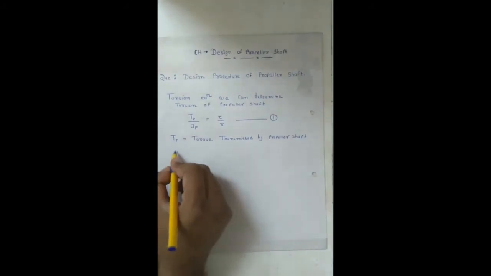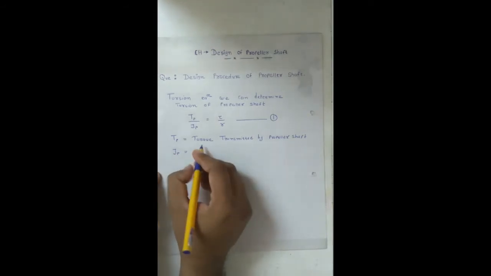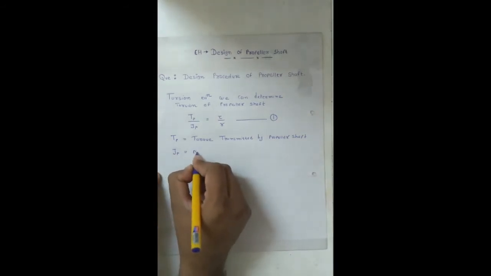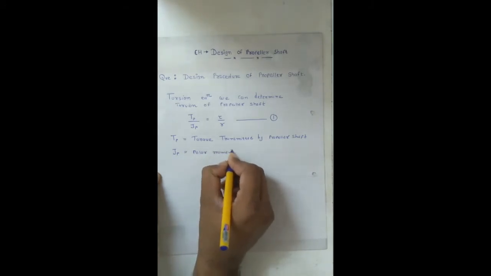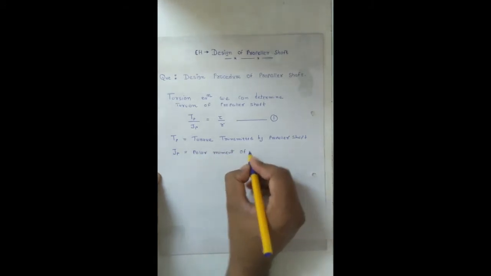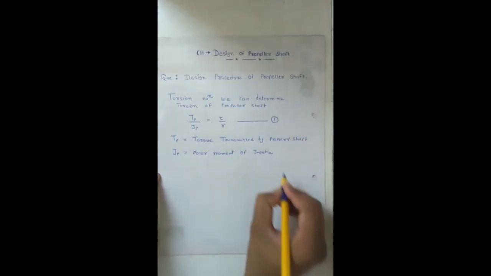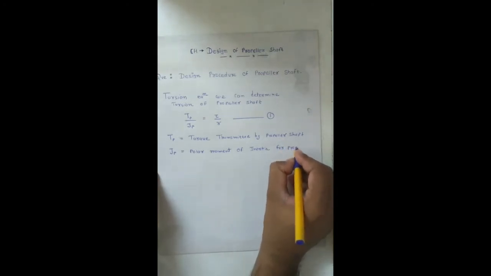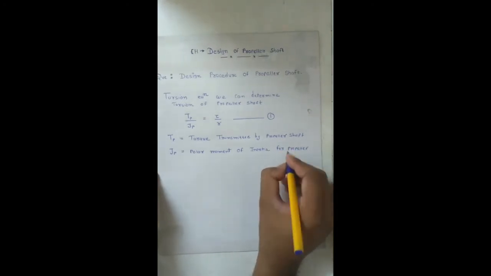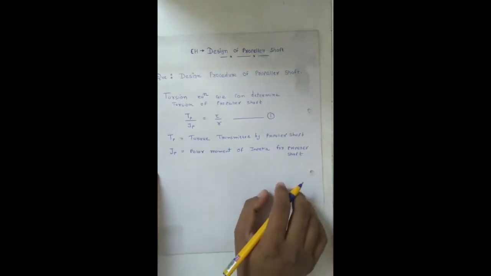JP indicates the polar moment of inertia for the propeller shaft.